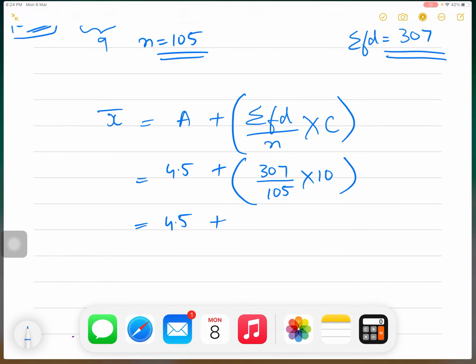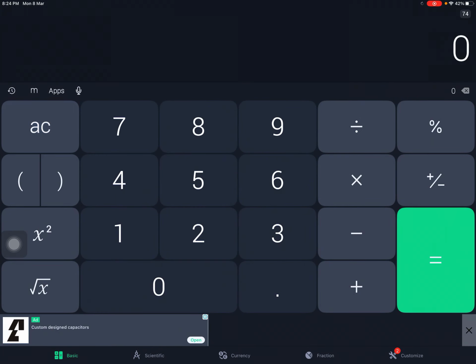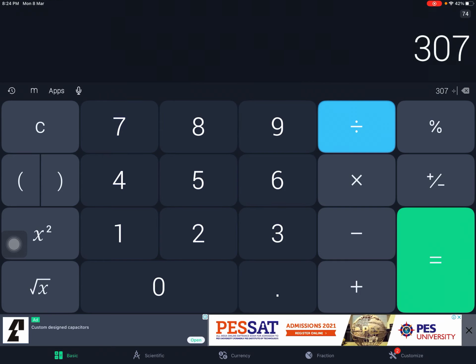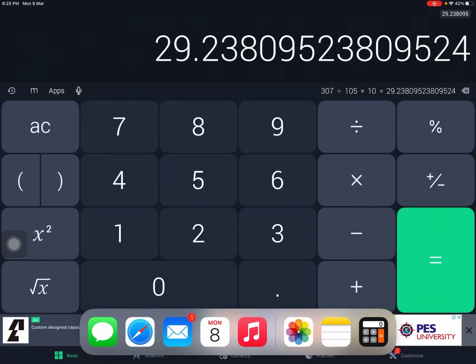So 307 divided by 105 into 10 comes to 29.23. The third decimal is 8, so I'll write 29.24.